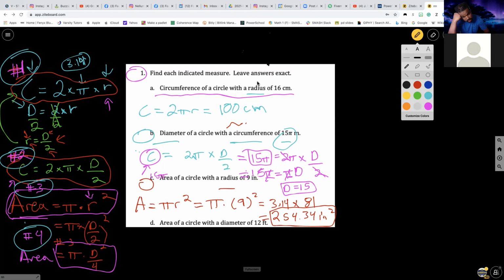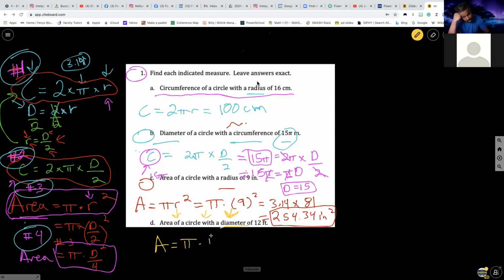All right, so now I want you to tell me for part D, what do you do? Which equation would you use? 4. Right, because it's in terms of diameter. So then you just do A equals pi times diameter squared divided by 4, which is pi times 12 squared divided by 4, which is pi times 144 divided by 4.